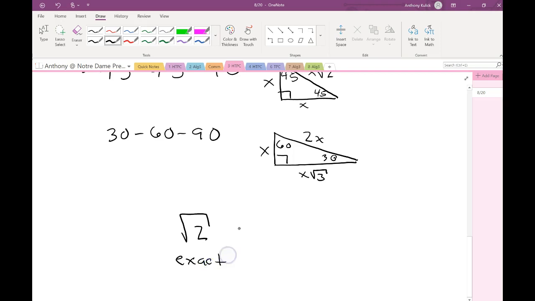Something like the square root of 2 is an exact value as opposed to 1.4, which is an approximate value. Everybody okay with that idea? So if you remember, when you've used sine, cosine, and tangent in your calculator, you do like sine of 36, what kind of number do you get?